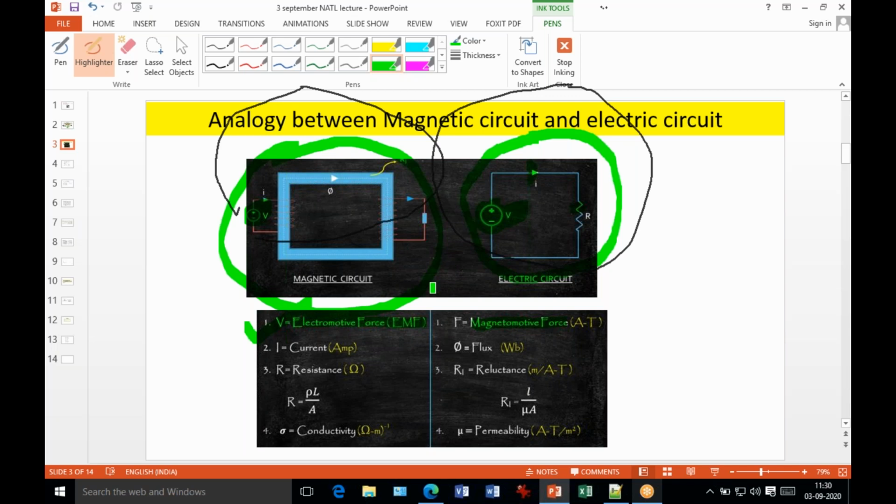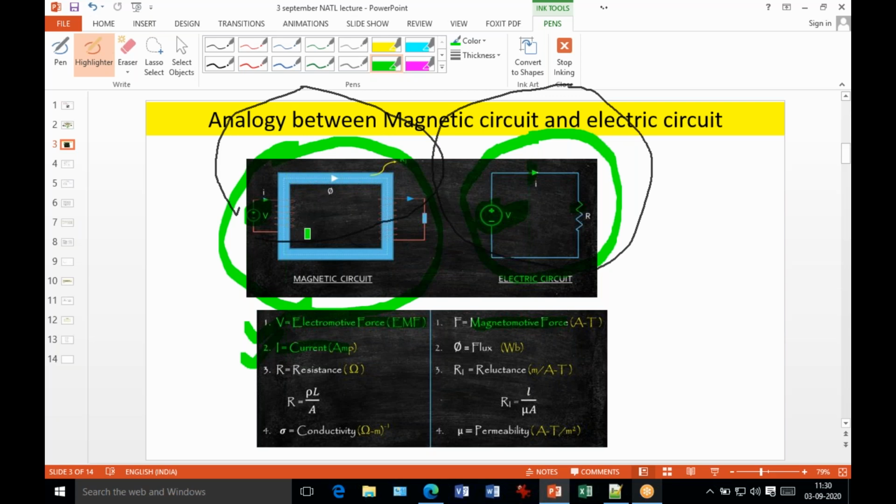Here you name it the electromotive force in the electrical circuit, but in the magnetic circuit you call this parameter the magnetomotive force. Okay, similarly, here there is a current available. If you apply some voltage, the current flows in your network.